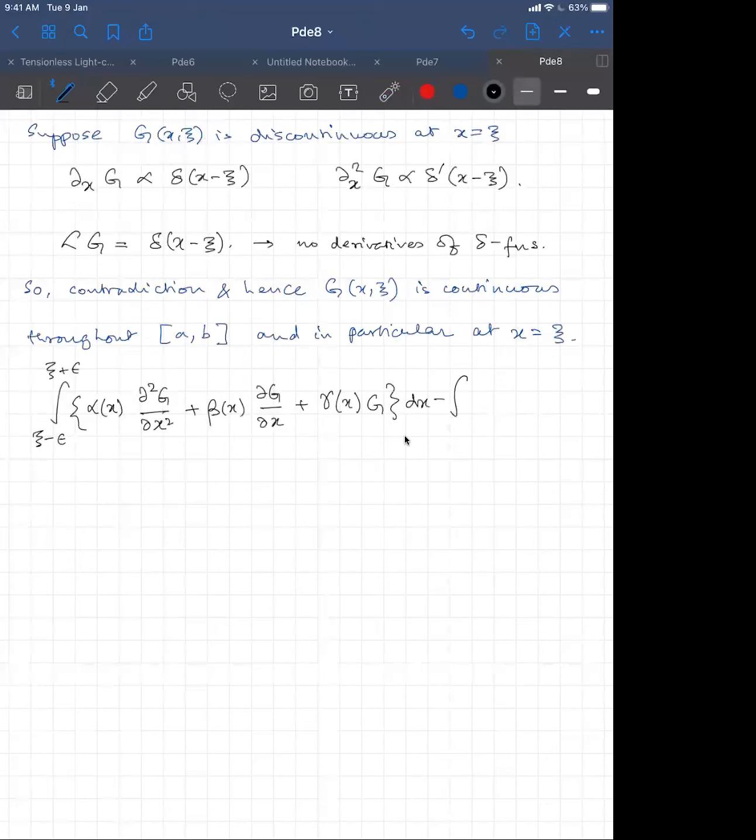This is now equal to the integration of the delta function, so this has to be equal to 1.